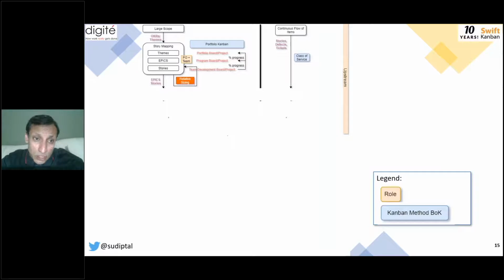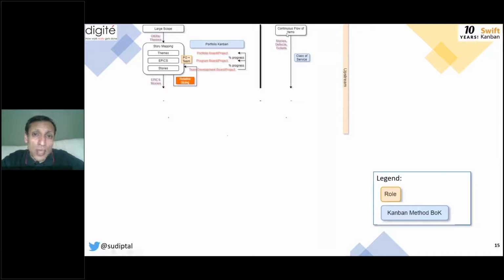Once you get the epics and stories, you're now ready for actual grooming of it. You can start defining their acceptance criteria, and all their visual layouts and the user experience. You can start doing all that as you have finished your story mapping process itself.